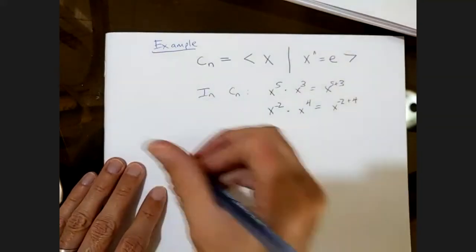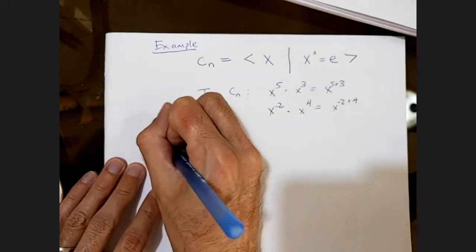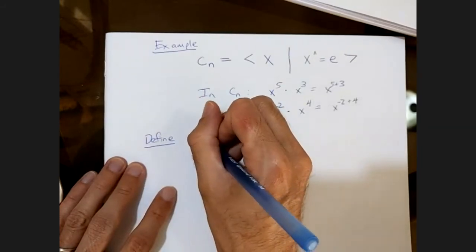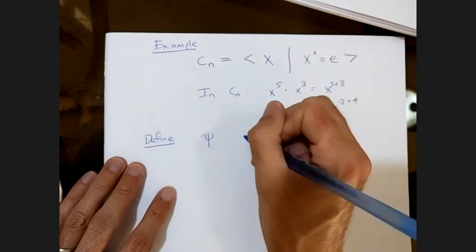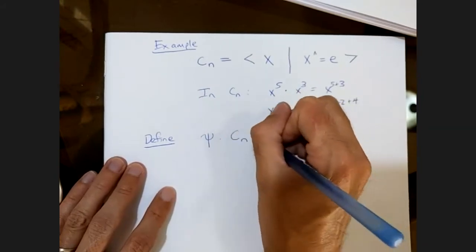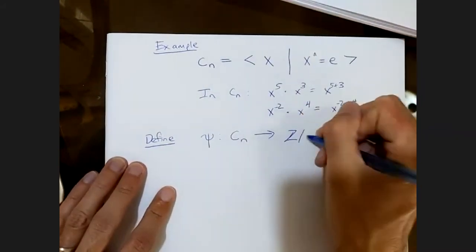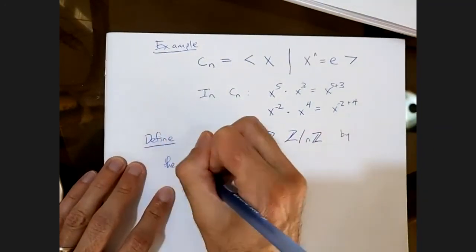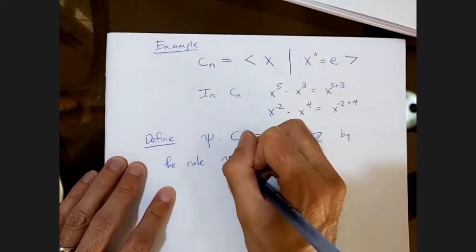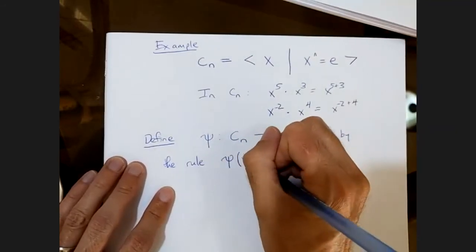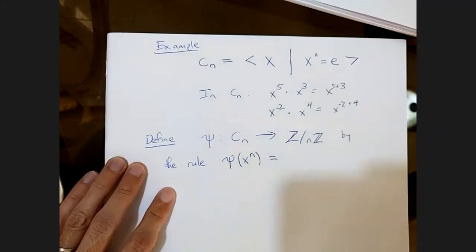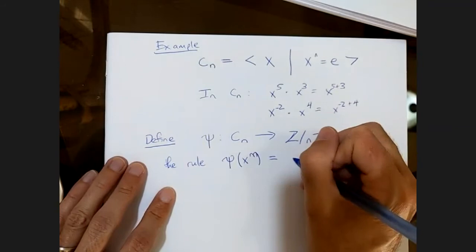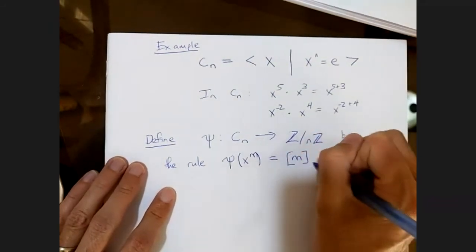Let's define psi from Cn to the integers mod n by the rule: psi of x to the m is just the equivalence class of m.